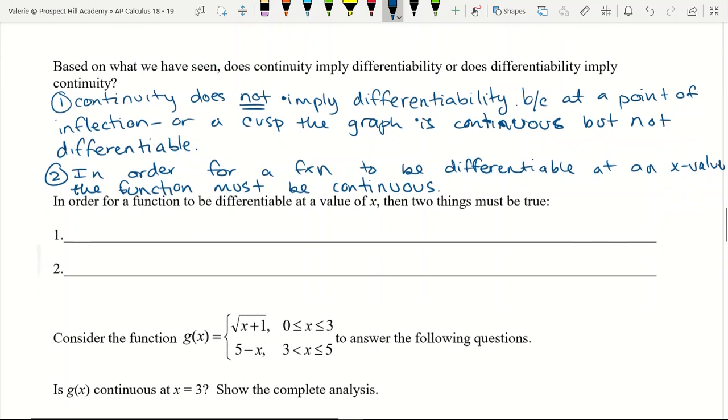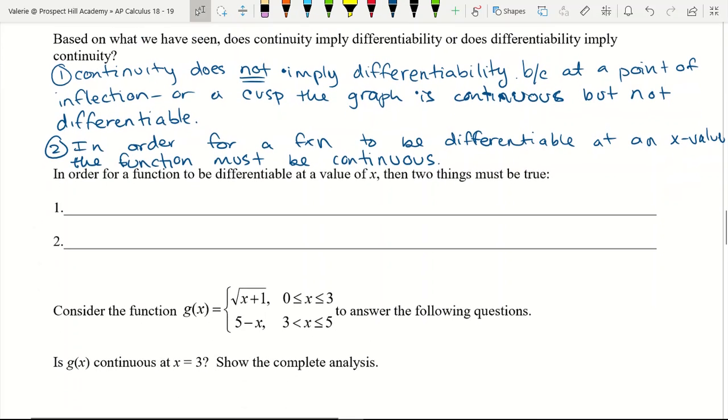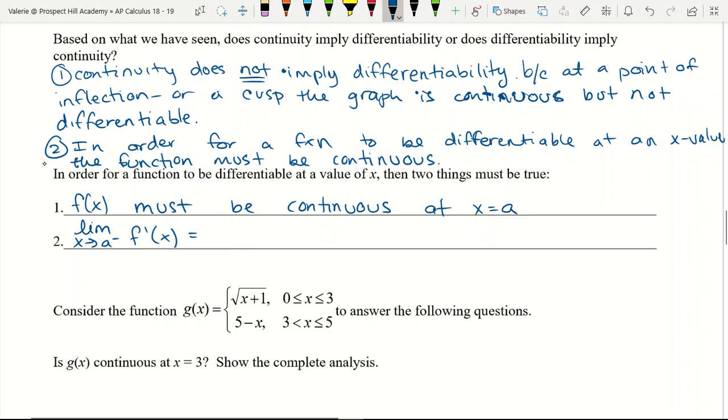Okay, so in order for a function to be differentiable at a value of x, the two things that must be true are f of x must be continuous at x equals a, and bringing it back to limits now, the limit as x approaches a from the left of f prime of x must equal the limit as x approaches a from the right of f prime of x.